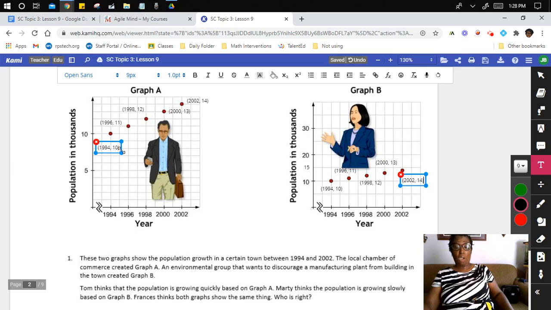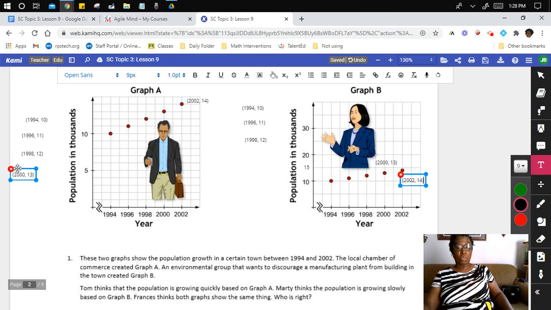Let's check this out. This is the first point for Graph A. This is the first point for Graph B. This is the second point for Graph A. This is the second point for Graph B. This is the third point for Graph A. This is the third point for Graph B. And so on.